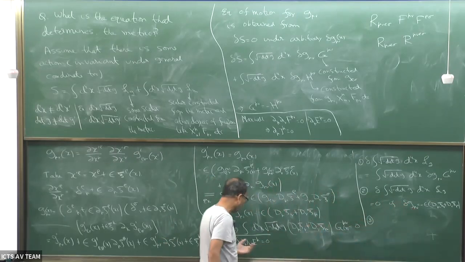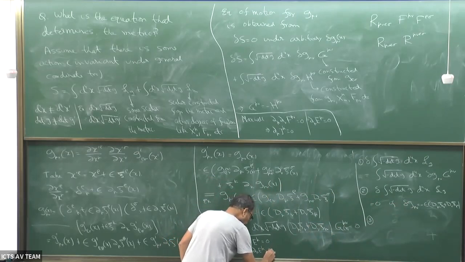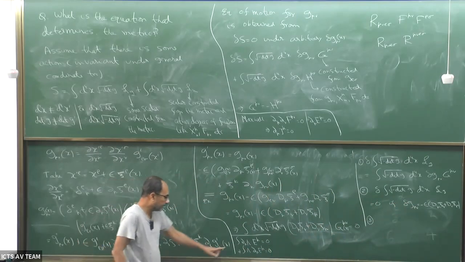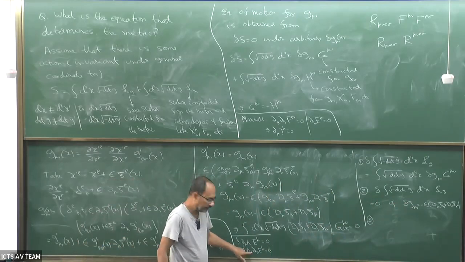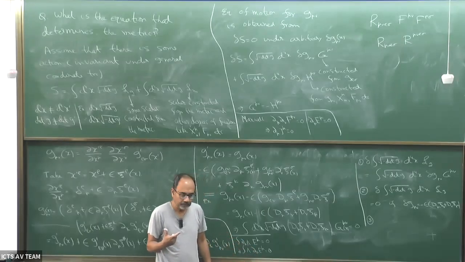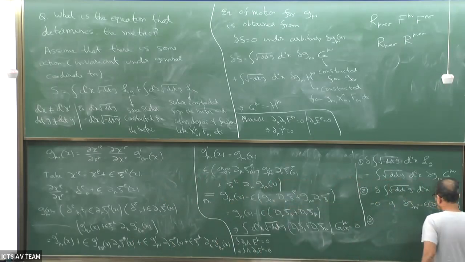But then we said that we can integrate by parts and write it as integral lambda..., okay, ignoring boundary terms, assuming that lambda vanishes at the boundary. Right? And then we say that because it's true for arbitrary lambda, this must vanish. So this integration by parts is what we have to do here, right? Because we want a statement on G mu nu.